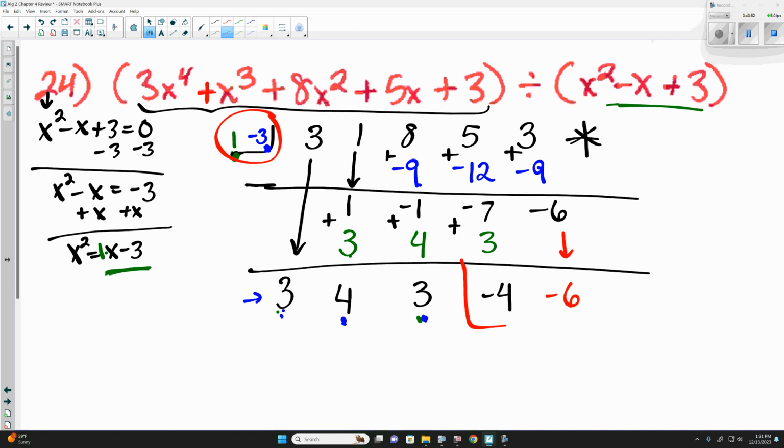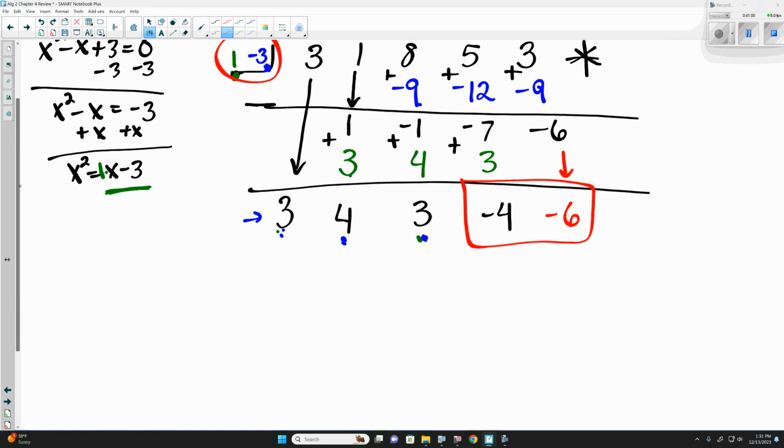So these last two, the negative 4 and negative 6, are both part of the remainder. So the negative 4 would have x. So the remainder would be negative 4x minus 6. Outside of the box, just like previously, our 3 is our term without x. 4 is our term with x.